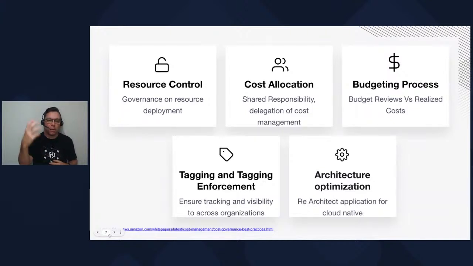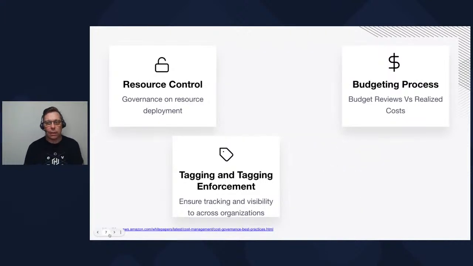But then the elements that we can really, from a HashiCorp perspective, speak to and add value is around the account optimization and the resource control. So the governance, compliance, and regulatory controls, being able to enforce a standardized best practice architecture, and also being able to enforce that tagging policy.